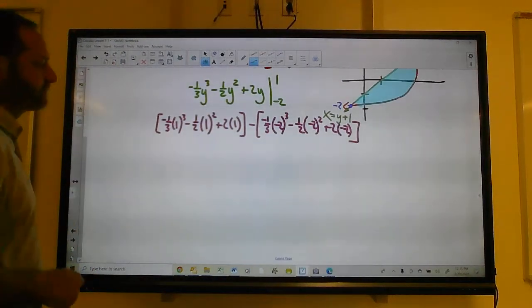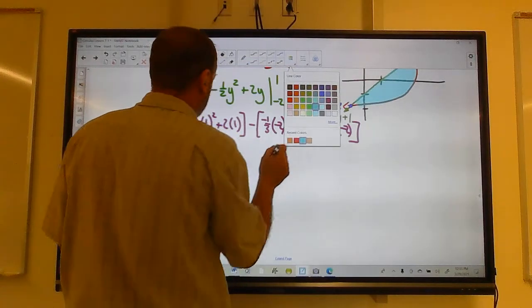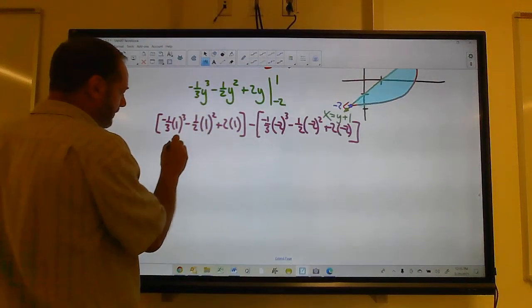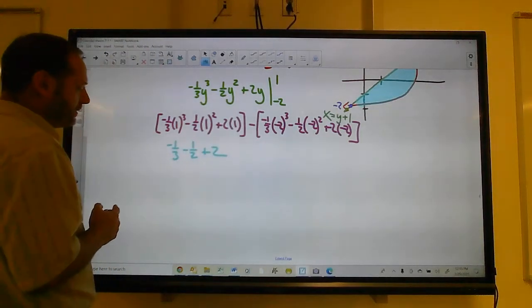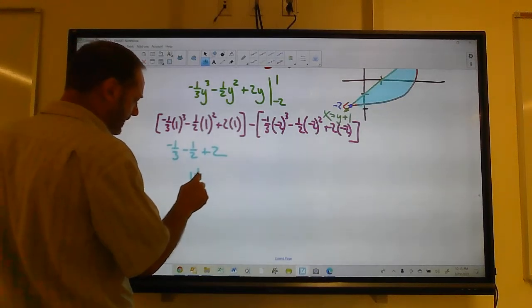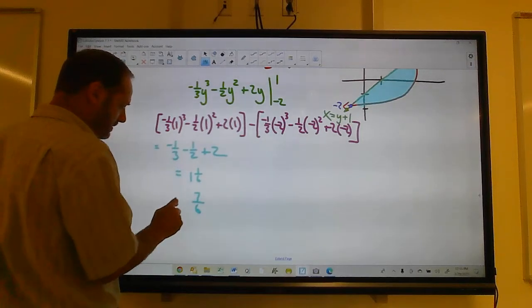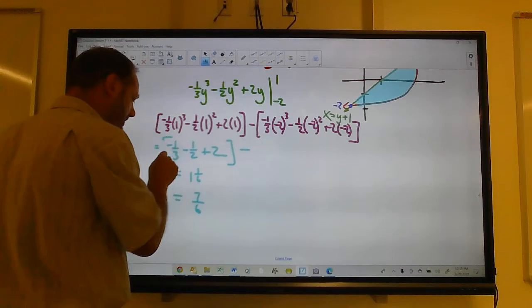And now it's just simply arithmetic. So this is -1/3 minus 1/2 plus 2, which comes out to be 1 and 1/6, or 7/6. Minus.